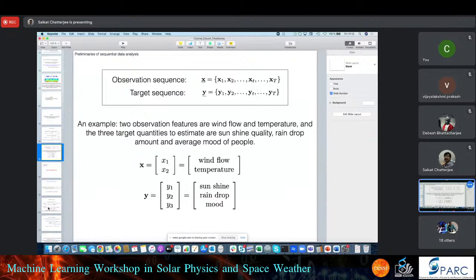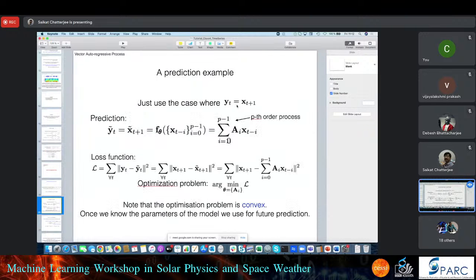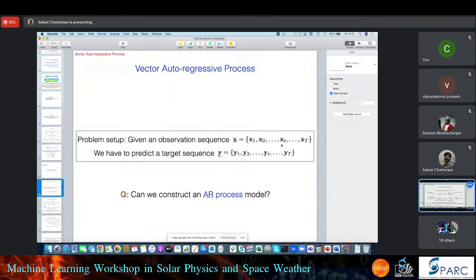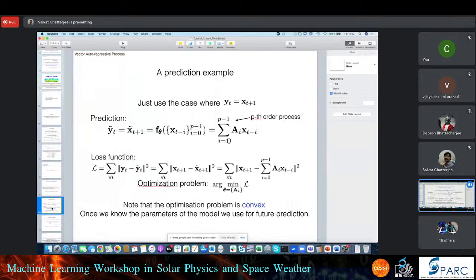Okay. So let's say that means what will happen in the prediction problem. I told you that I have a correspondence between xt and yt, right? But that means the yt which I want to predict is nothing but xt plus 1, right? Correct? So in this problem setup, once I bring the prediction problem, I basically treat my yt equal to xt plus 1. That's what I treat.